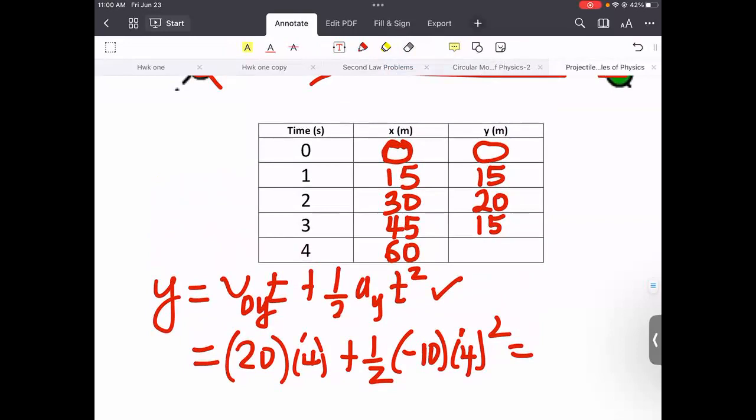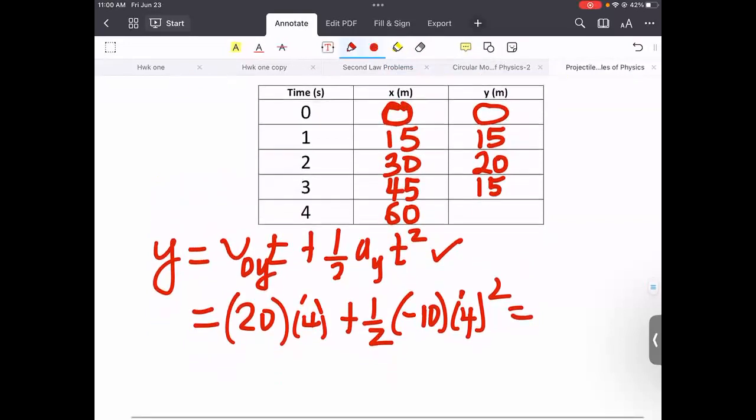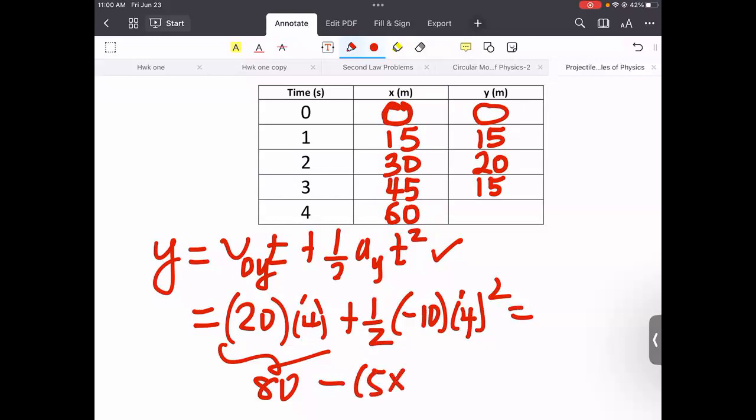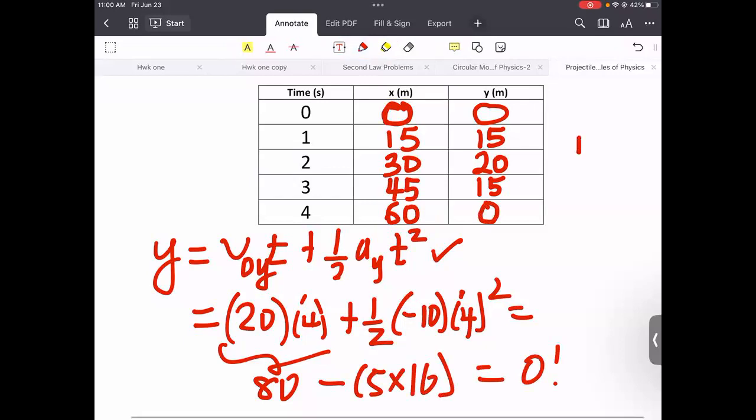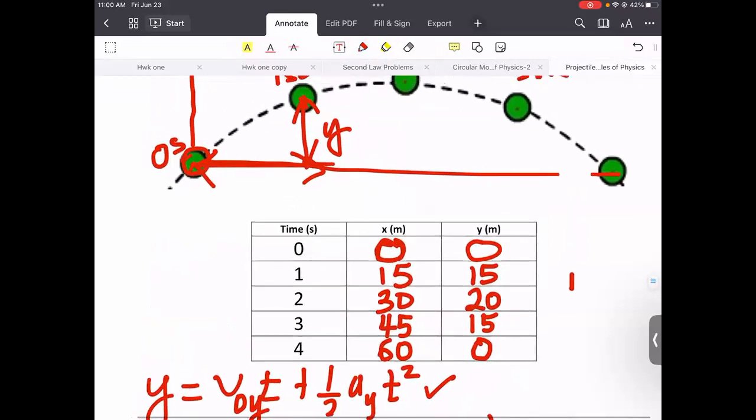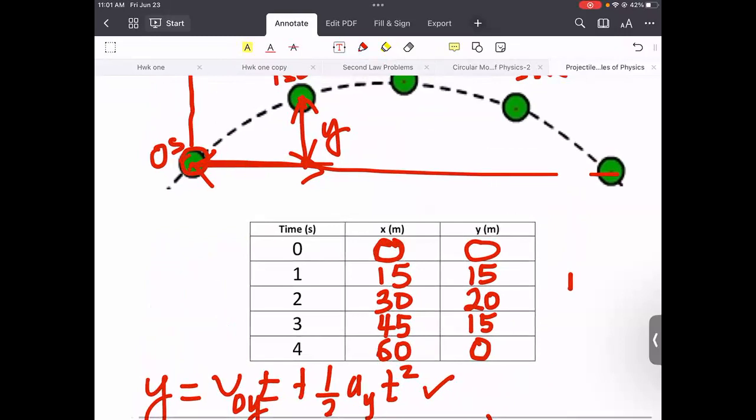That one will be 0 because this part ends up being 80 and this part is minus 5 times 4 squared, which is 16, so 80. So back to 0. We start in the y direction from 0, 20 is the highest we can get, then you go down to 15, then 0.